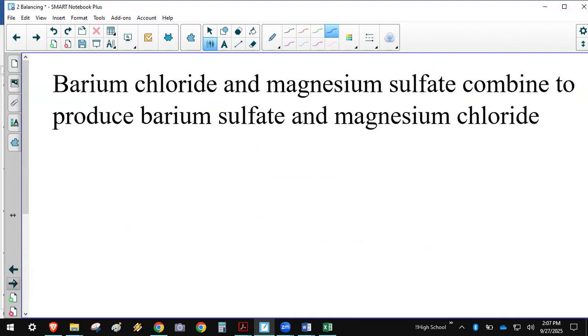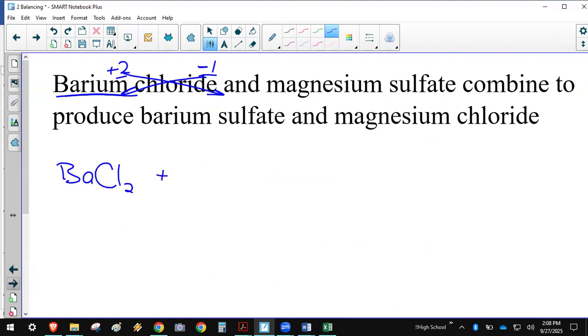So barium chloride is an ionic compound because barium's a metal. So when you look up barium, barium should be a positive 2 charge, and chlorine is a negative 1 charge. And since they're different charges, you're going to have to crisscross them. So when I write it out, I'll go BaCl2. And magnesium sulfate.